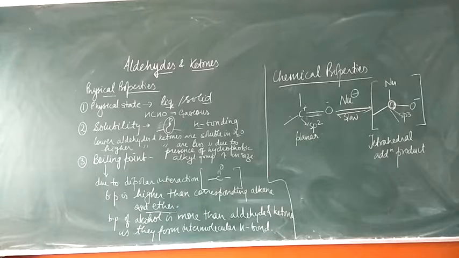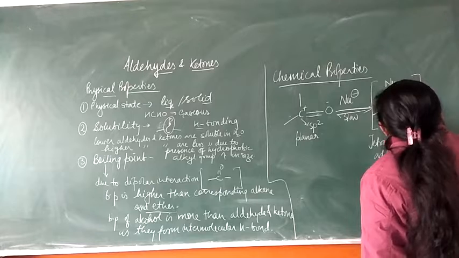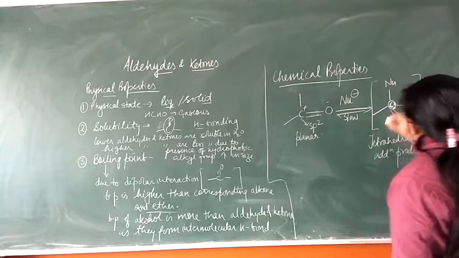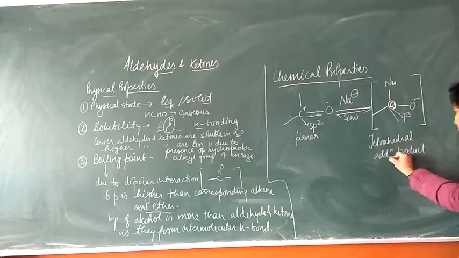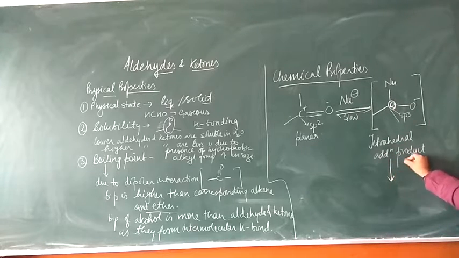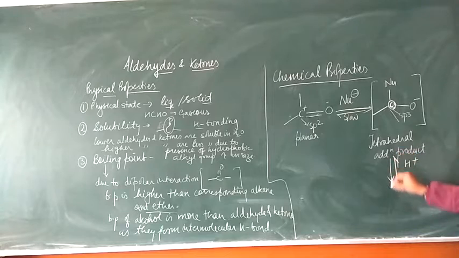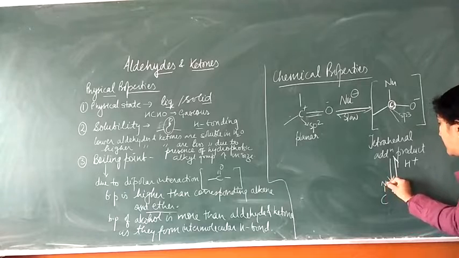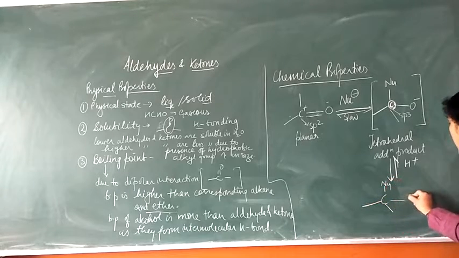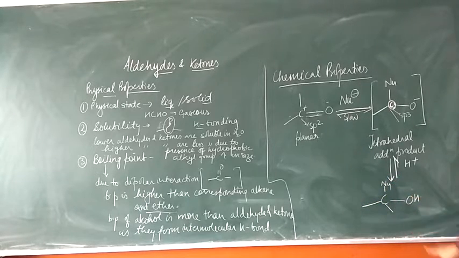I have encircled the carbon here. It is undergoing sp3 hybridization. Now in the presence of a proton, it takes a hydrogen ion. We will get it in this way: here the nucleophile will be there, and here we will get OH. So this is the reaction which is taking place, and in this way the nucleophilic addition will take place.